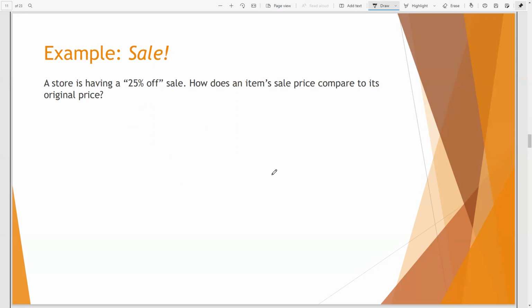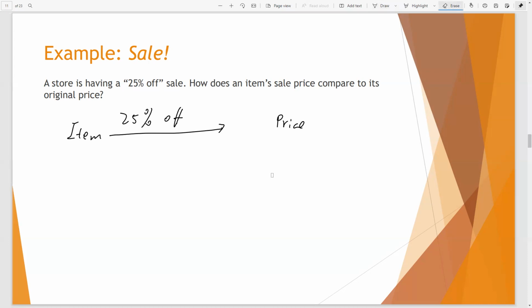So one item's sale price compared to the original price. 25% off means 25% less than the original price, which is 100 minus 25% of the original price.